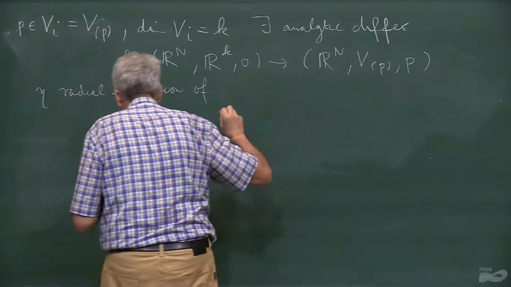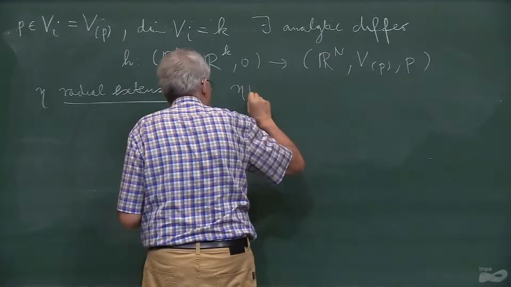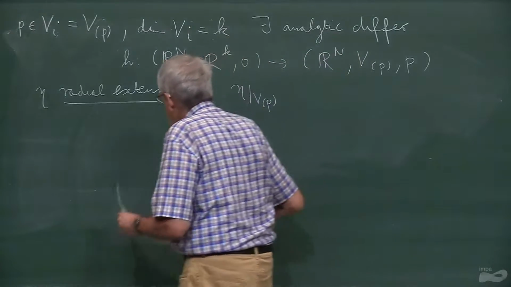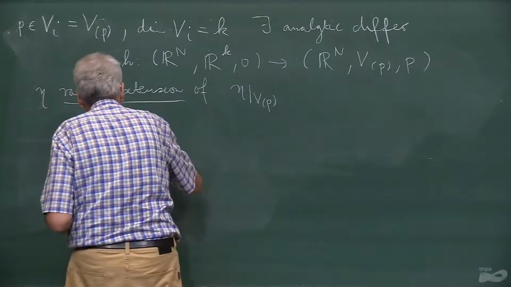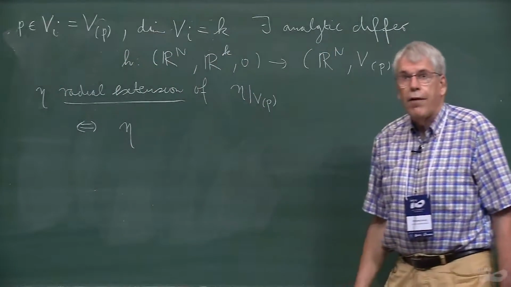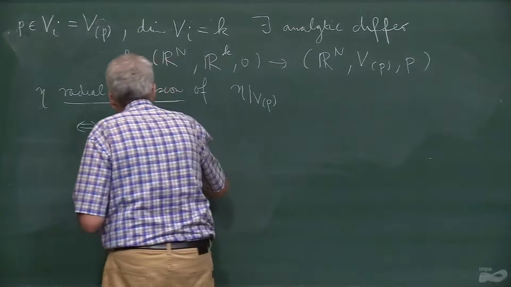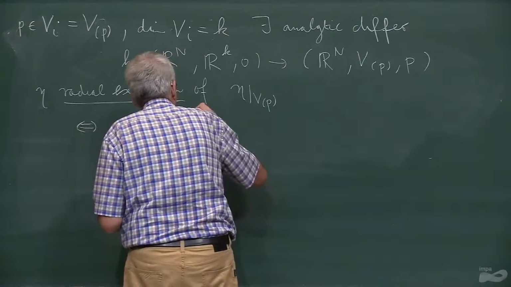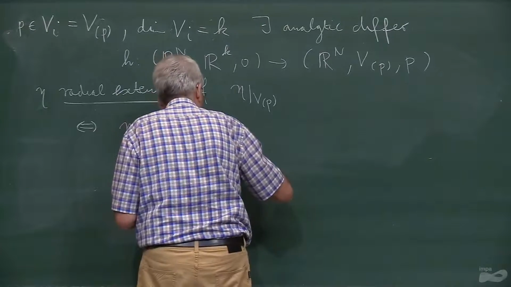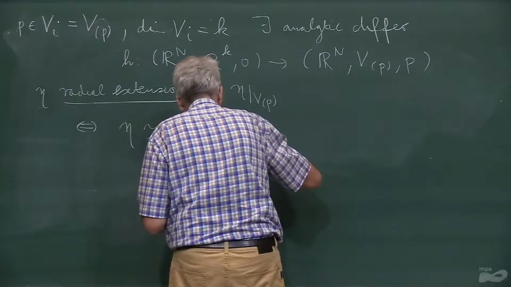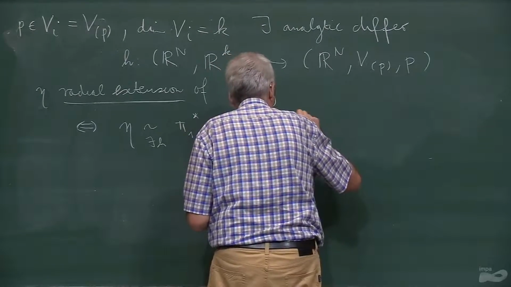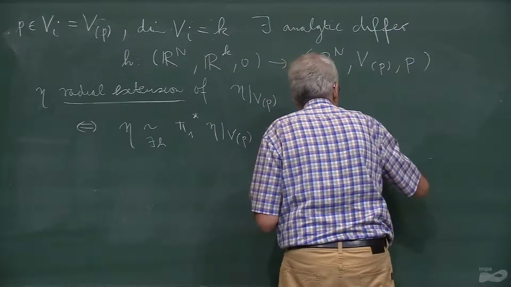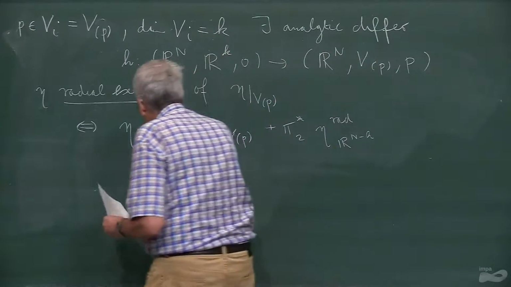of the form eta restricted to the stratum Vp if and only if there exists such a diffeomorphism such that eta becomes pi 1 star of eta restricted to Vp plus pi 2 star of eta radial.